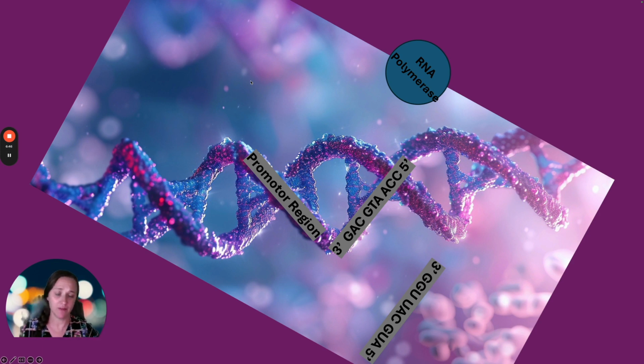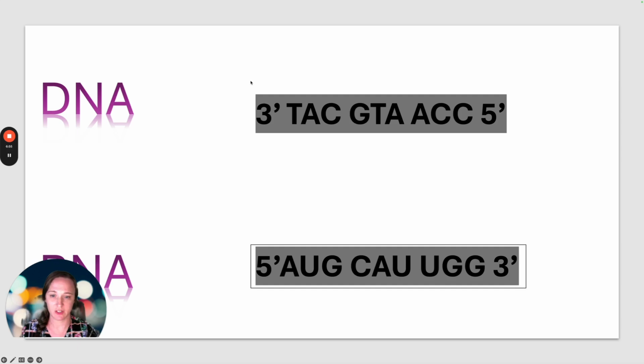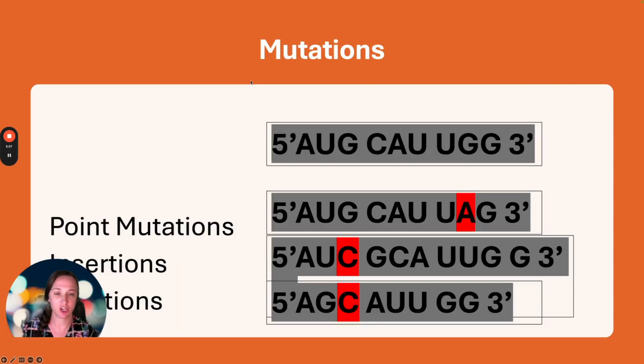Now, a lot of errors can occur during transcription, leading to mutations. For example, in a point mutation, there's a single nucleotide change. Let's say, for instance, in this slide, we see that guanine is supposed to be binding with cytosine, but maybe the RNA polymerase accidentally put adenine there instead.